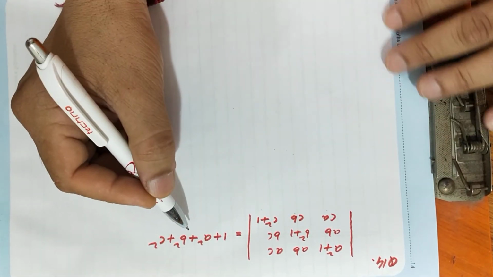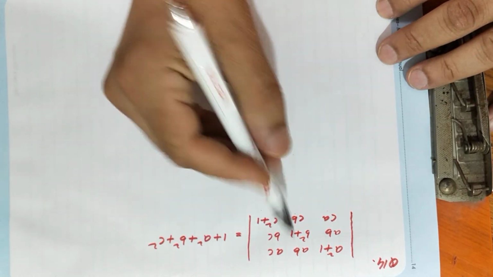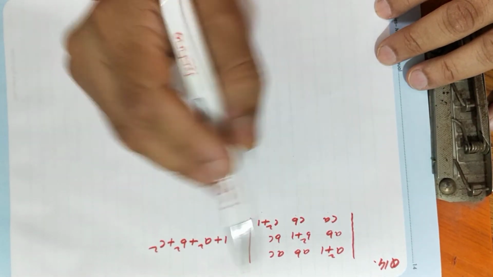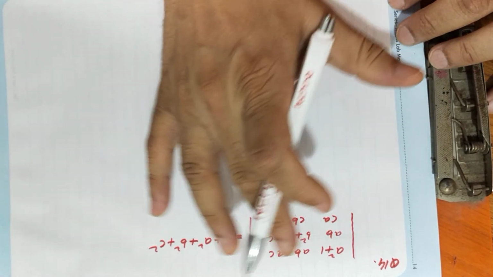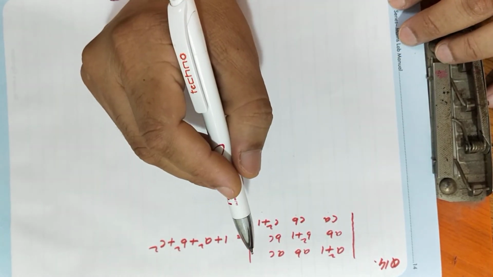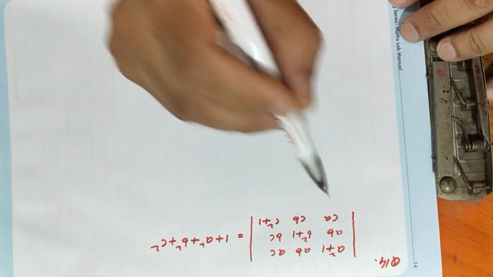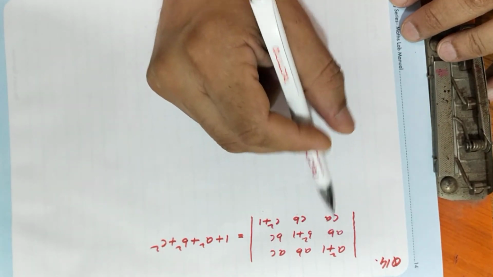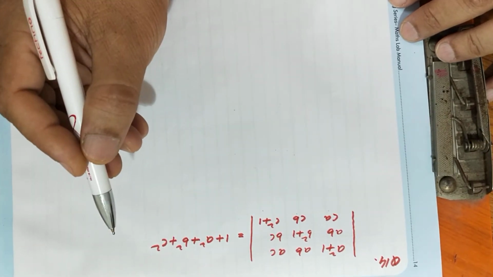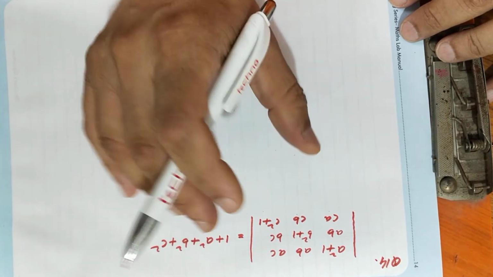Okay, students, when a square, b square, c square are given in a determinant, then we can multiply or divide rows and columns by a, b, c. What I'm saying to you, listen carefully.